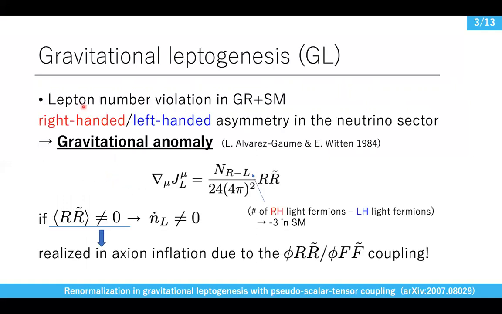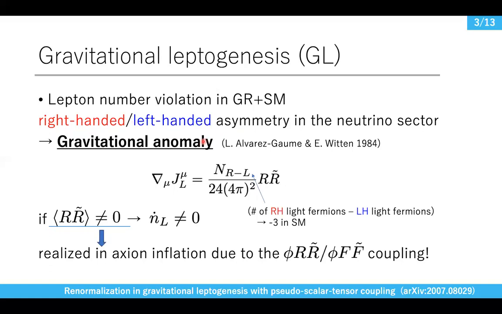Gravitational leptogenesis is one way to generate the observed baryon asymmetry of the universe. This scenario makes use of the lepton number violation realized in general relativity with standard model particles. As you know, there is a right-handed and left-handed asymmetry in the neutrino sector.